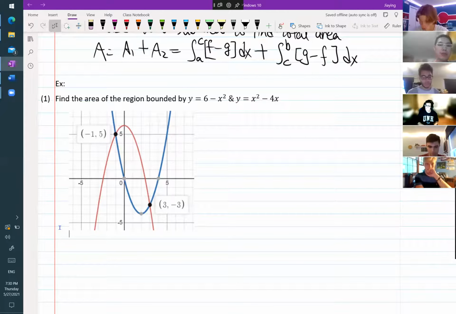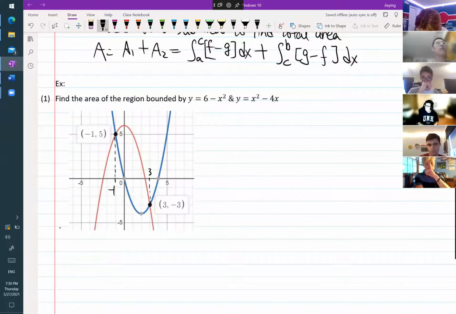And now I'm going to use a diagram because it gives me a visual, because I'm looking for this area right here. So this is the area I'm looking for between the curves, right? Obviously from the graph, I already know that those are the 2 points of intersection. This is -1, this is 3.